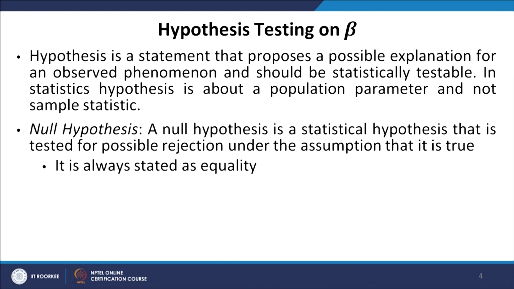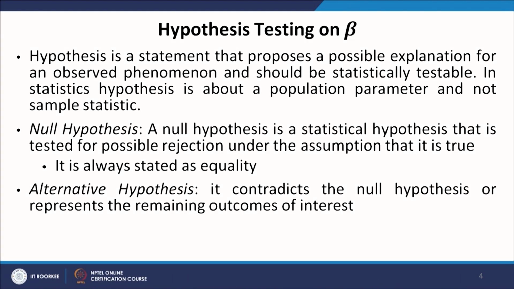We have two types of hypothesis when we go for testing of hypothesis. One is the null hypothesis. A null hypothesis is a statistical hypothesis that is tested for possible rejection under the assumption that it is true. Since null implies void, most often the null hypotheses are formed such that they should ideally be rejected. It is always stated as equality.